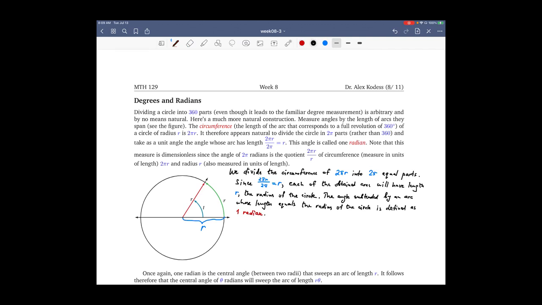It's a very natural way to measure angles. Much more natural than dividing the circle into 360 parts. Rather, in any circle of any radius, not necessarily 1, take any circle of radius r, pick a point on the circle, join that point with the center of the circle.